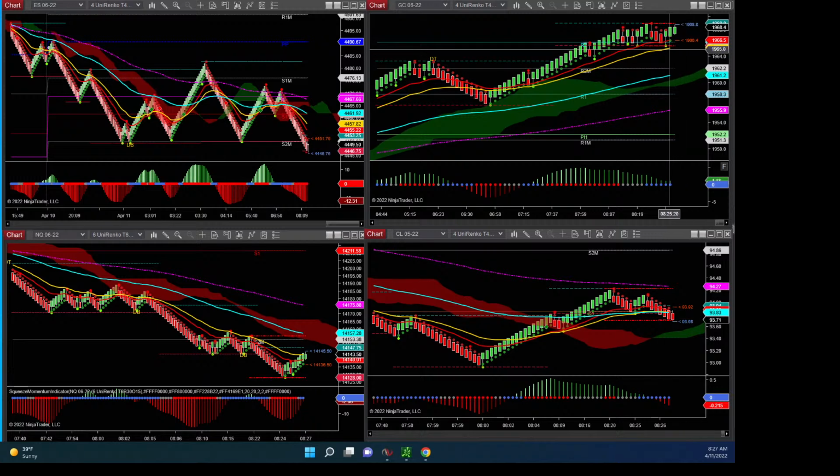So you have a 21 or 34 bounce of the EMAs, 34 EMA bounce. Problem is that it doesn't have that much momentum and it's coming back down.